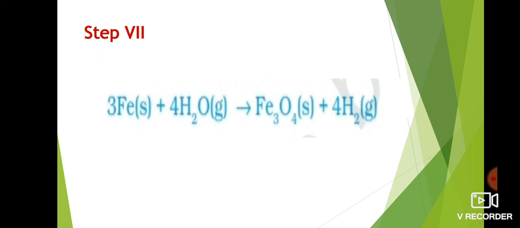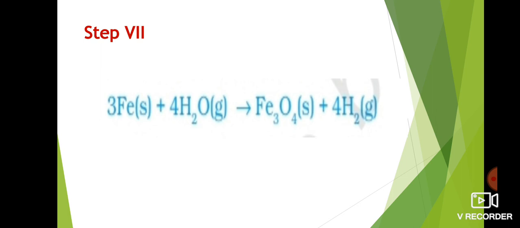Step 7: does this equation tell us anything about the physical state of each reactant and product? Yes, it states some physical states. To make a chemical equation more informative, the physical states of the reactants and products are mentioned along with their chemical formula.